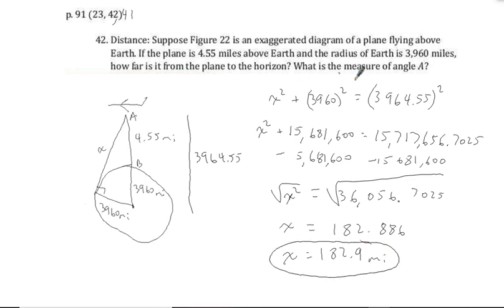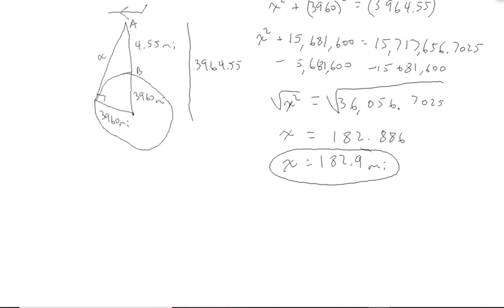But there was a second part to the question. They also want the measure of angle A. First, plane to the horizon, we just answered that, but now angle A. So to find angle A, we could use any side. I recommend not using the side that we just found because we rounded that answer. But this side was given from the beginning and this side was given from the beginning, so I'll use those.